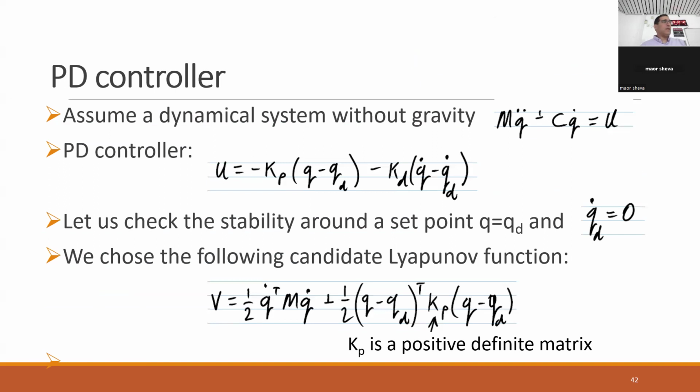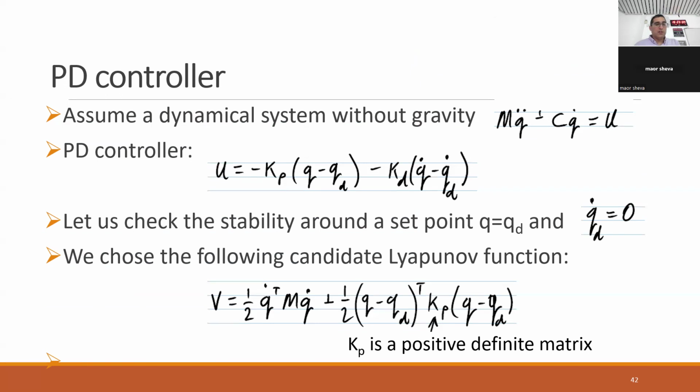So we have this candidate Lyapunov function, and we need to see if this set point of q equals q desired and q dot desired equals 0 is a stable equilibrium.